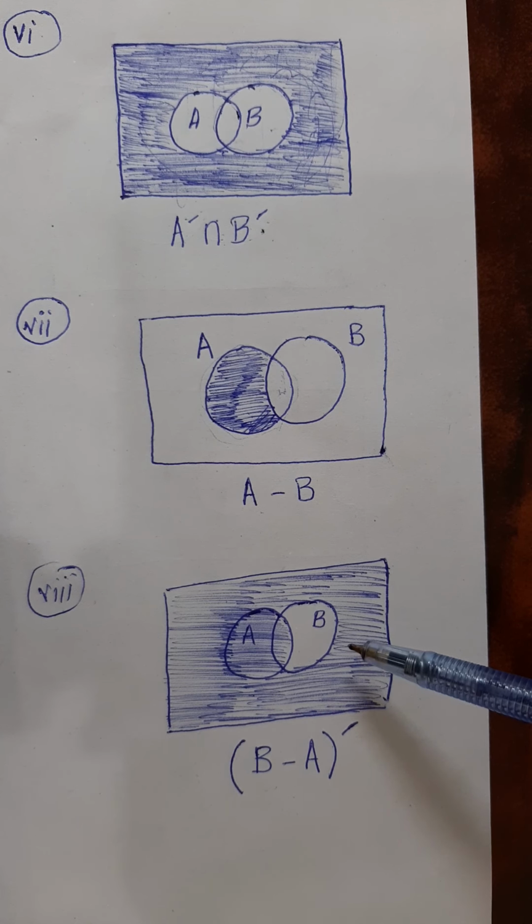Now considering this part, this unshaded region is B minus A. This part which is not shaded.